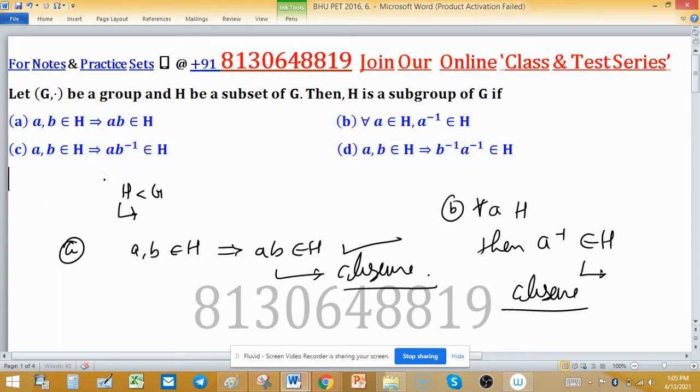Option C is correct, and we know that option C is the one-step test for a subgroup. Now where does option D fail?